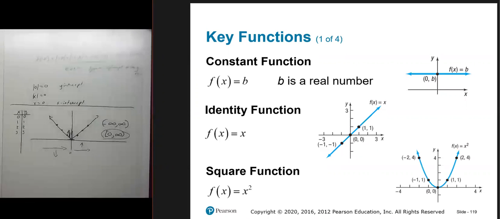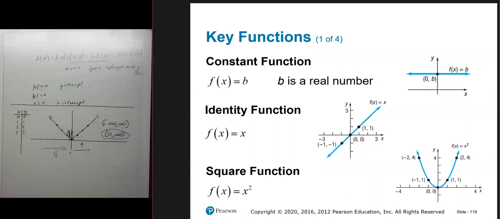Here's the square function, x squared. We've used this as an example of even functions ever since we started talking about these things. The domain is all real numbers.